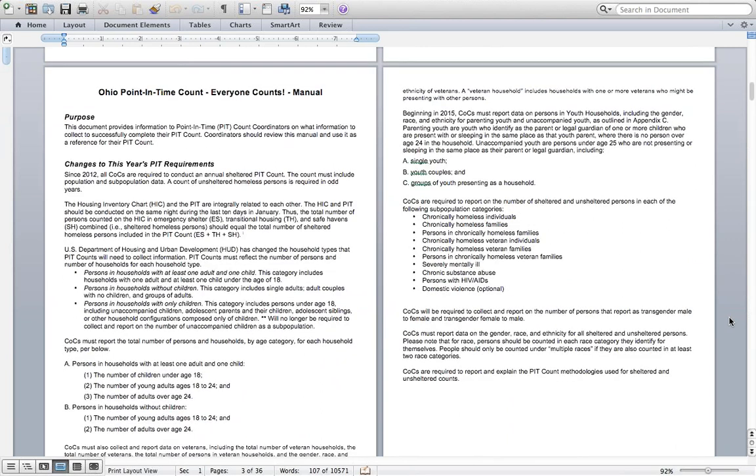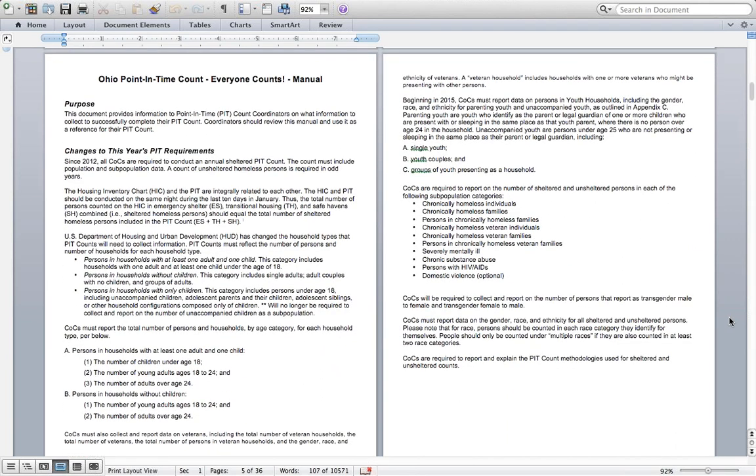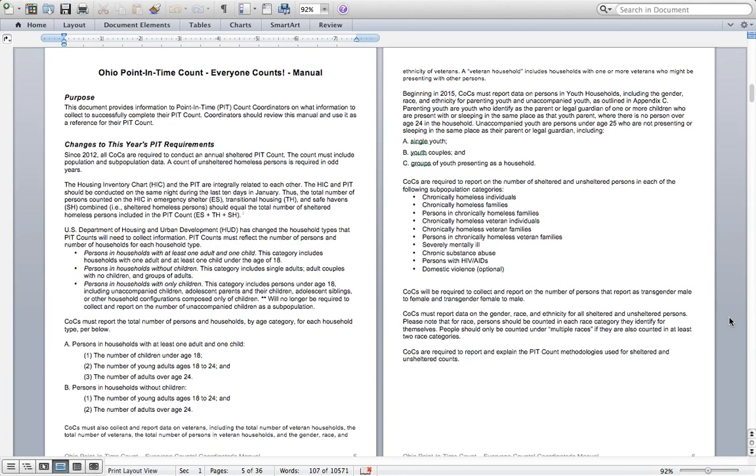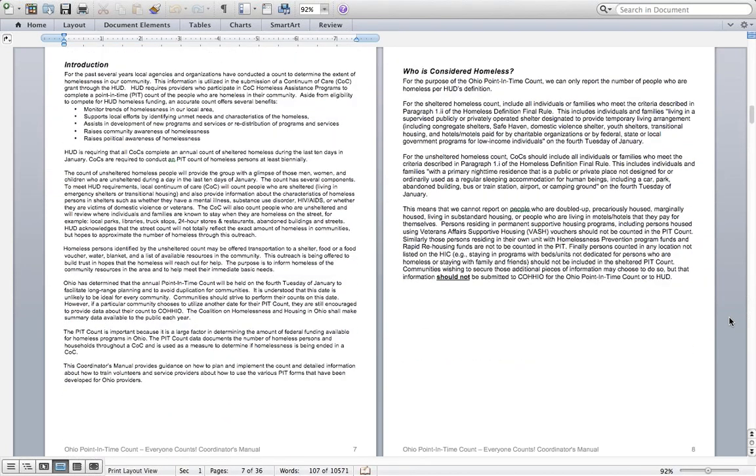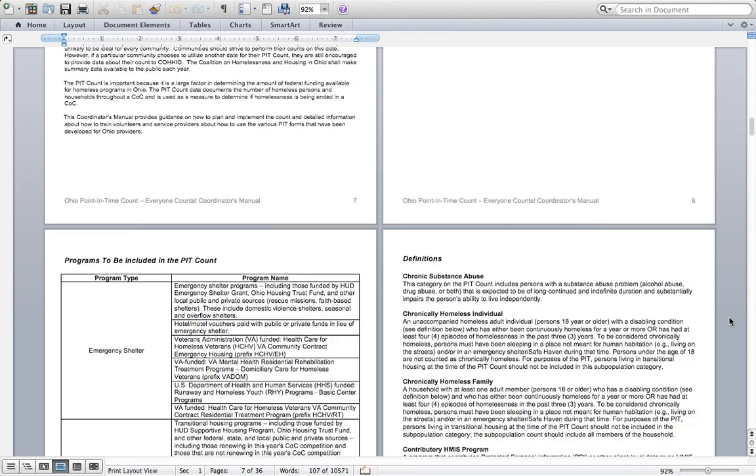There's definitions in there, and this is all updated with the newest standards so that you have everything aligning with HUD in there. It talks about that whole issue of what the data of the count looks like.